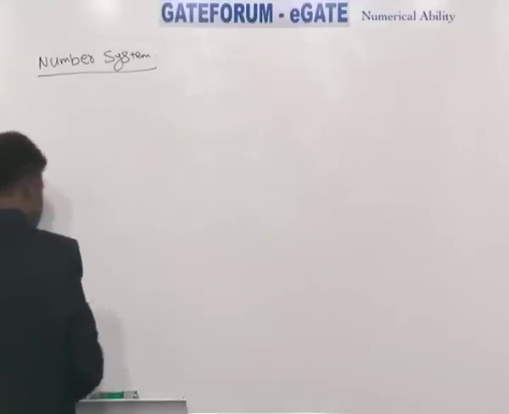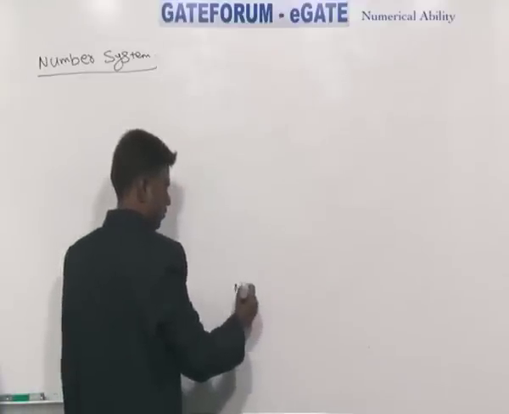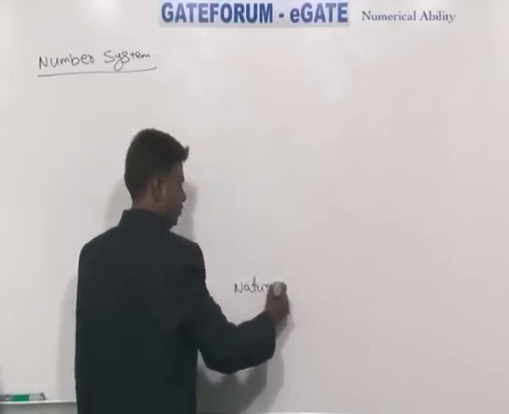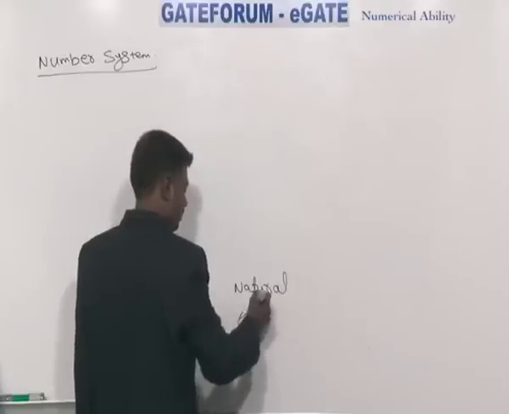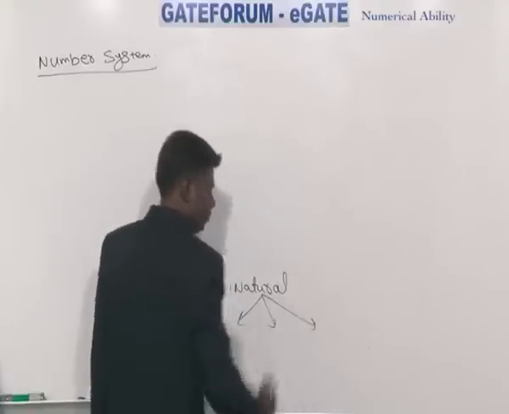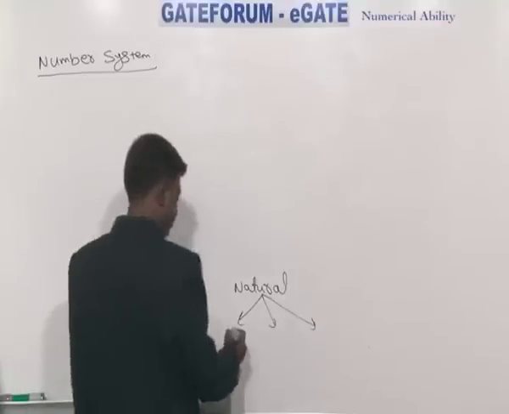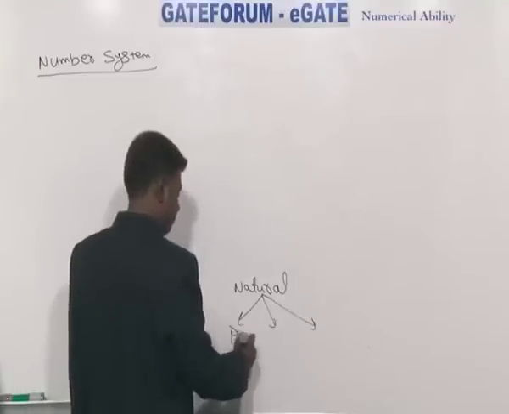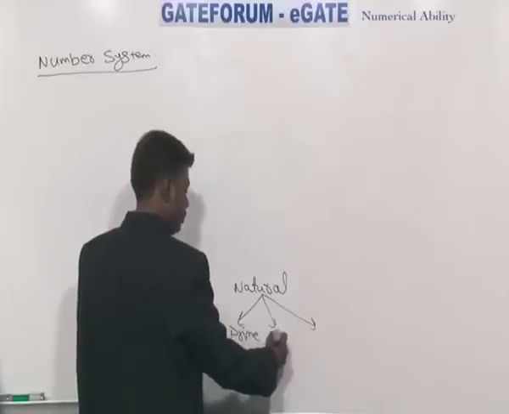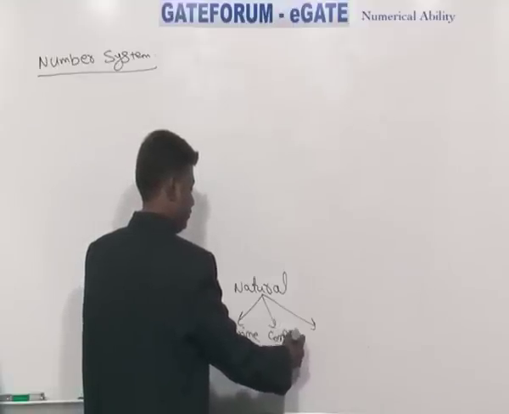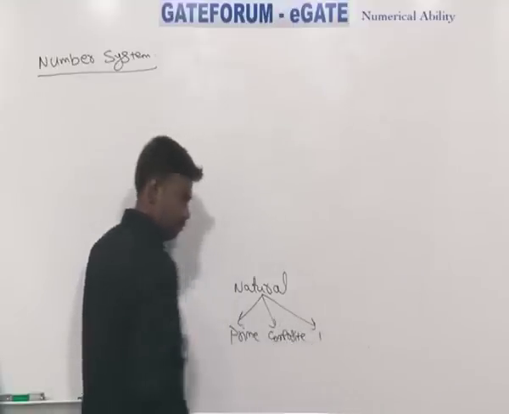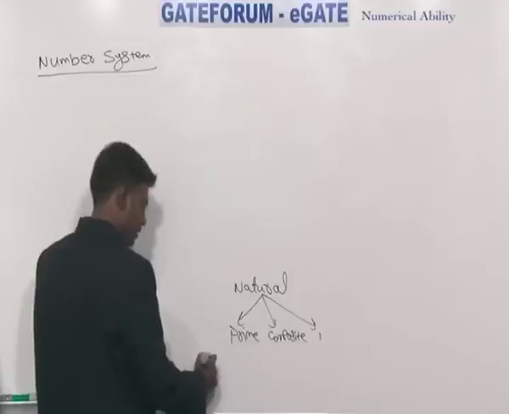So if you consider natural numbers, these can be divided into 3 categories: prime, composite and 1. What is the prime number? Let us consider this based on number of factors.